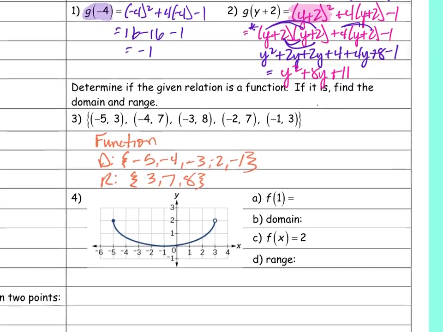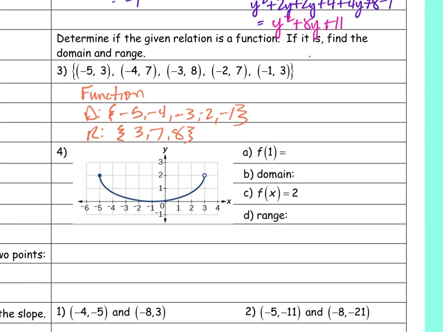And then for the last one, for the graph, f of 1 is right here. So the y value is approximately, I'm just going to say approximately 0.25 because that's kind of what it looks like. It's about a quarter of the way up. My domain is from -5 bracket to 3, which is not included.